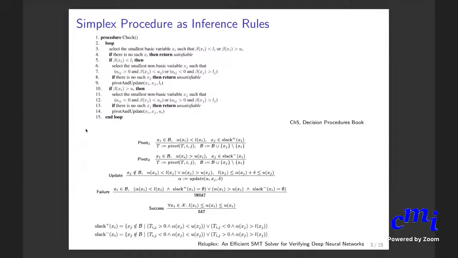Suppose you have x is equal to y and... the simplex LP solvers can solve conjunctions of linear inequalities.